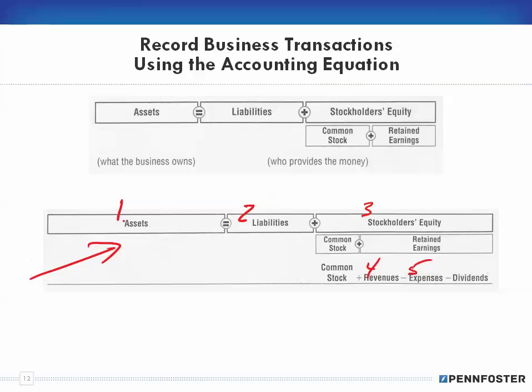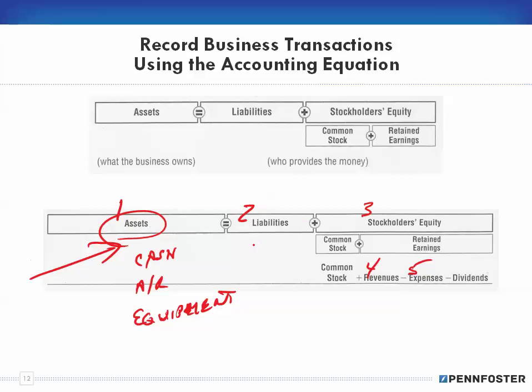We have to create general ledger accounts. As an example, assets would have cash, accounts receivable, maybe equipment, automobiles, cars, land, buildings, whatever. They would be individual general ledger accounts that are all part of the category of account called assets. Why? Because it's what the business owns.